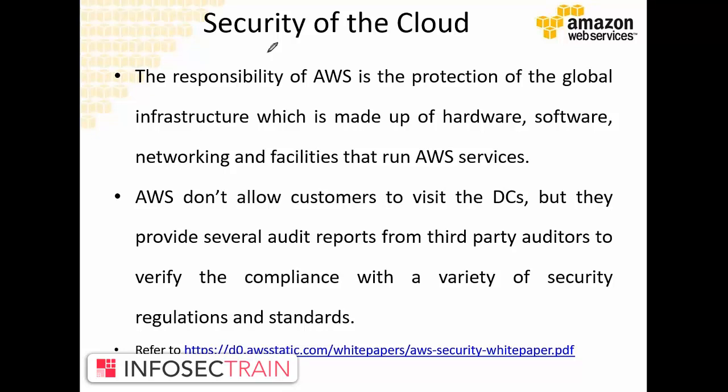All the services run on that global infrastructure, right? Managing it is the first priority for AWS or any other provider. And definitely there is no way you can go to the cloud provider's data centers and verify it, right?